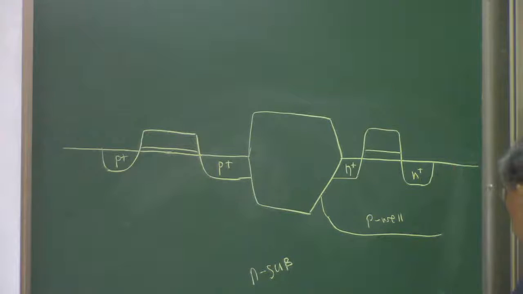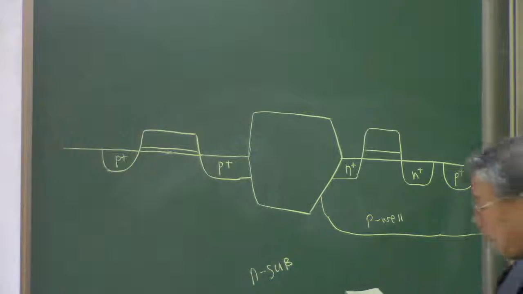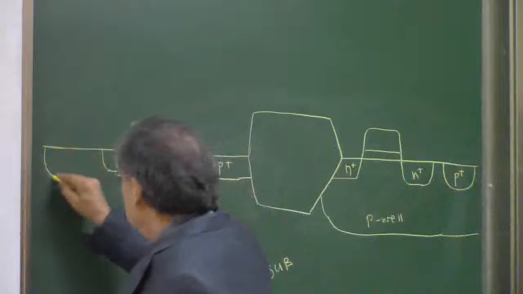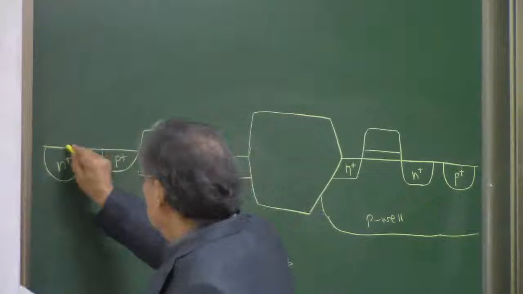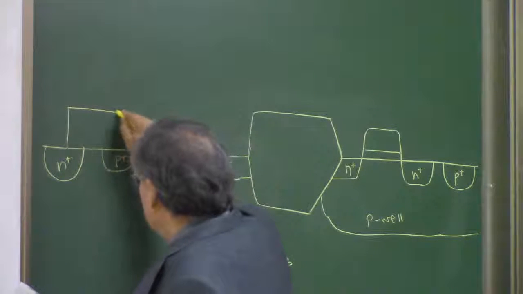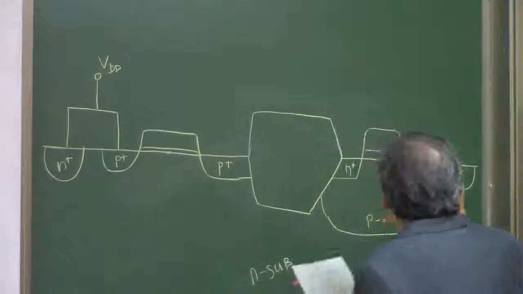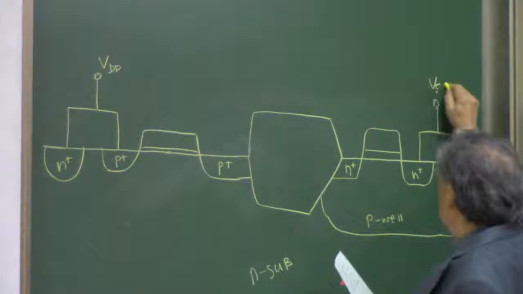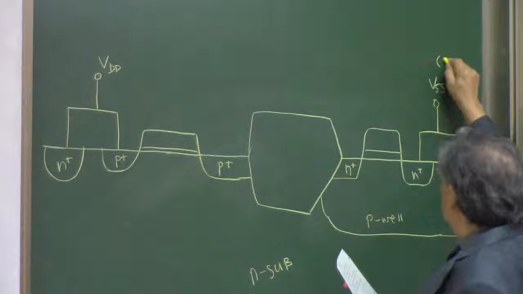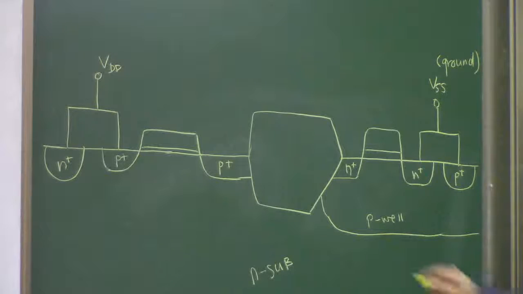Here we're going to have a P plus, and here we're going to have N plus. Okay, and then we set this to a VDD, and then we get a connection of these two for our ground. Right. And then this is the field oxide.